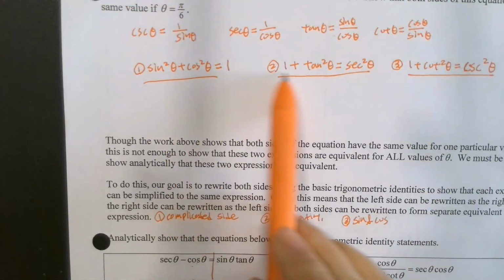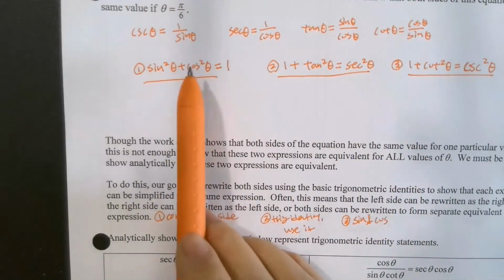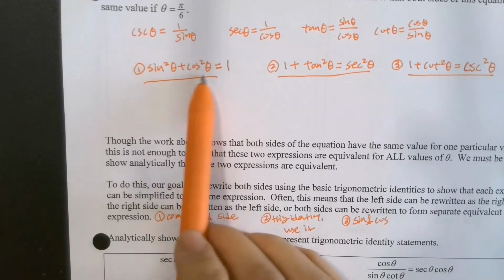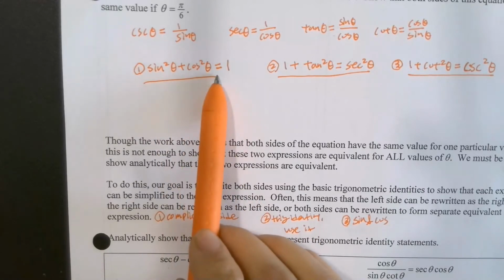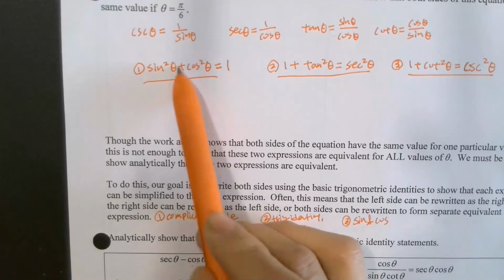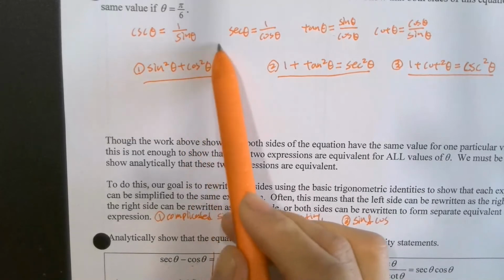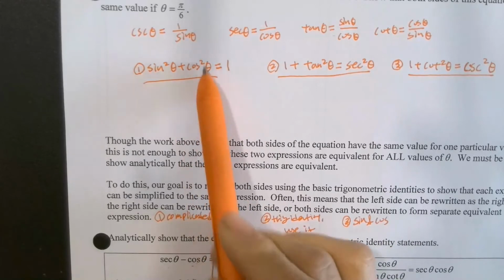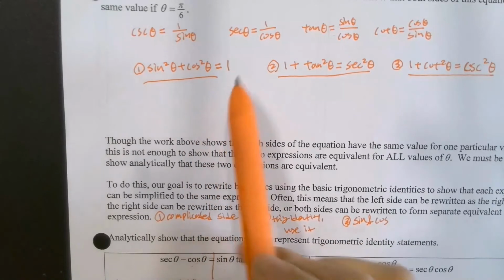Which one has 1 and cosine theta squared? The first one. So you need to think about, is there any way that I can change the first trig identity so that it becomes 1 minus cosine squared theta? Yes, there is. What am I going to do? Well, what if I move that plus cosine squared theta to the other side of the equal sign by subtracting cosine squared theta from both sides?